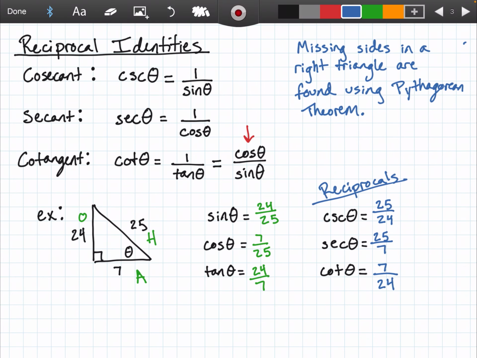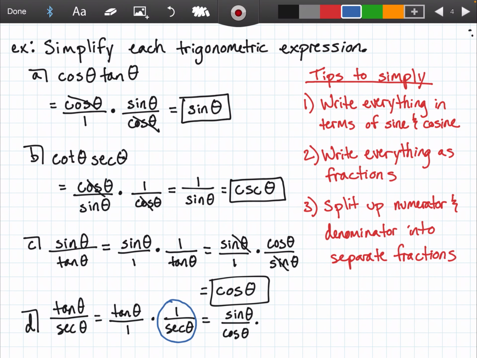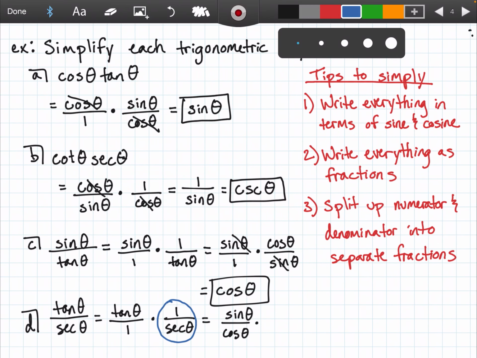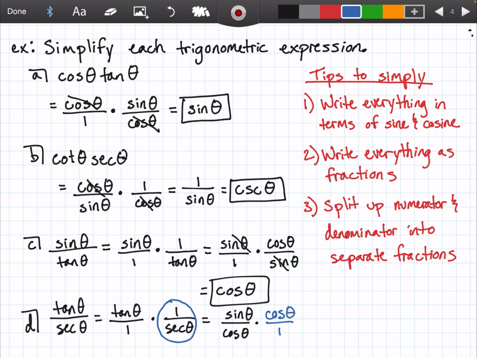Well, if secant is the reciprocal of cosine, that also means that the reciprocal of secant is cosine. I'll write that in blue. So now those cancel and I'm left with sine. And this is pretty much just the process you're going to take for everything on your homework.